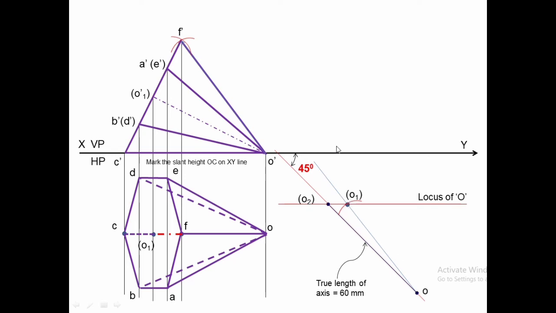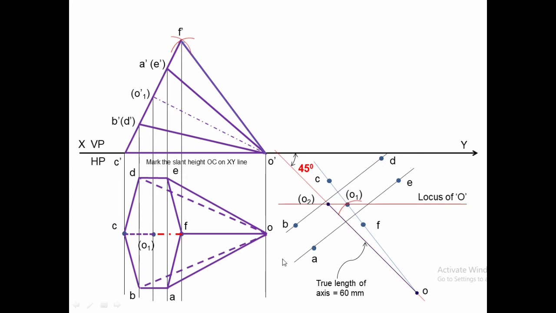Now you reproduce all this sketch here with respect to O1. The angle that is made here will be much more than this 45-degree, we call it beta angle. You draw all these widths, mark the points A, B, C, D, E, F. Like this you are marking. Measure the lengths from here, mark it here. This length, this one, here.